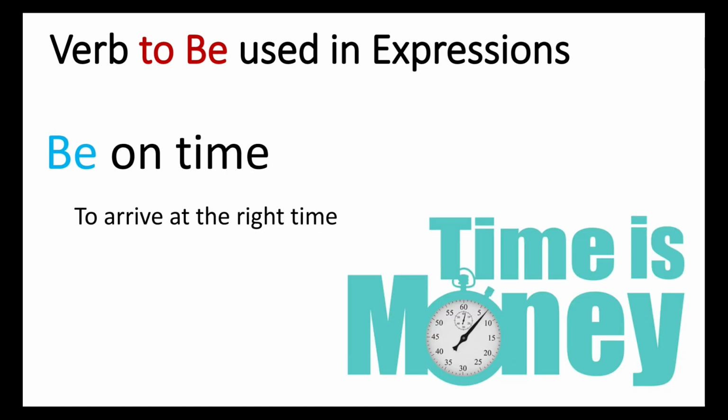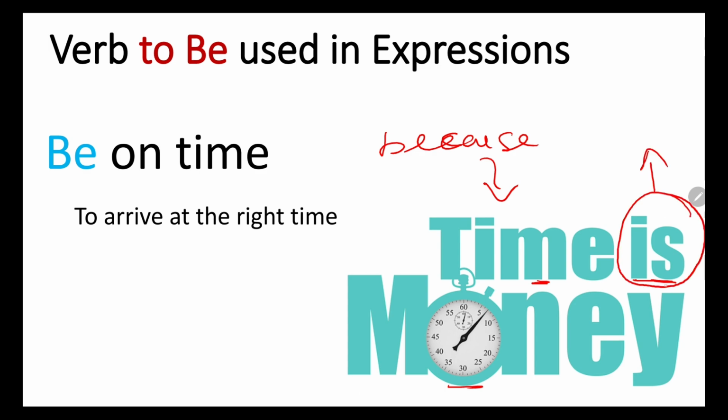Another expression, be on time. What does that mean? It means to arrive at the right time to wherever you are going to. Okay? Be on time because time is money. See? We've used the verb to be here again.